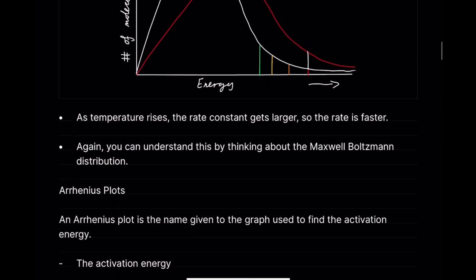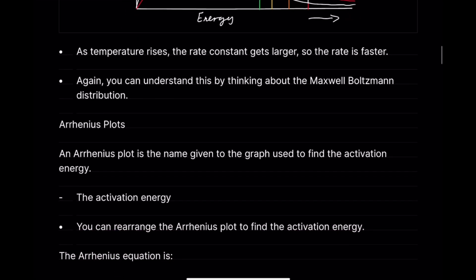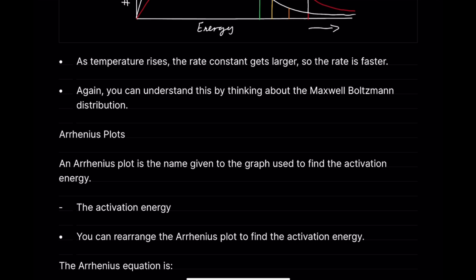If we're now increasing the temperature, we're increasing the number of particles with energy greater than the activation energy to successfully collide and react, and therefore will increase the rate of reaction, so that rate constant would now increase. And this could also be represented by the Maxwell-Boltzmann distribution.